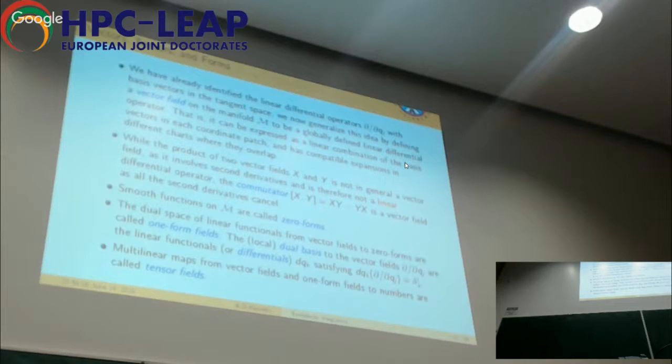And the local dual basis, so the basis for this space of one forms locally, so locally we have a basis for the vector fields given by the d by dqi's, and the dual linear functionals, or what we call differentials, we call dqk, and they satisfy the relation that dqk takes the vector d by dqj into delta jk.